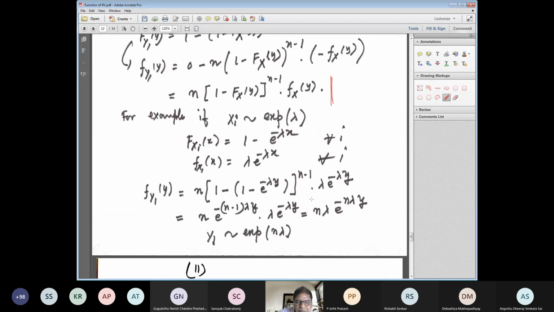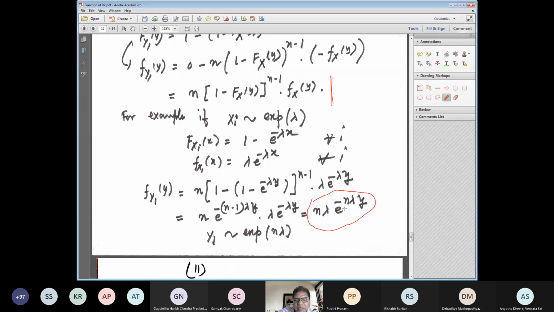This is a very good result in the sense that if X1, X2, ..., Xn are n independent random variables, and they all follow the exponential distribution with parameter lambda, then the distribution of the minimum of the n random variables will follow the exponential distribution with parameter n lambda.